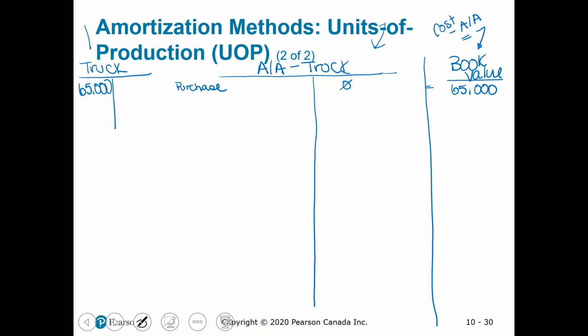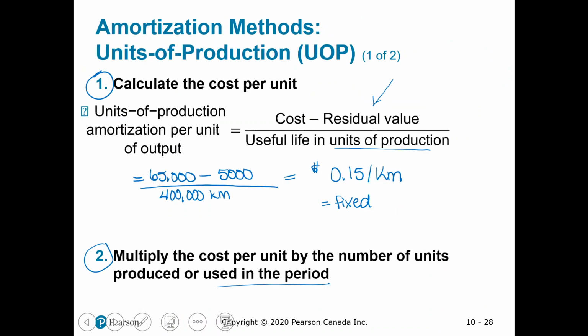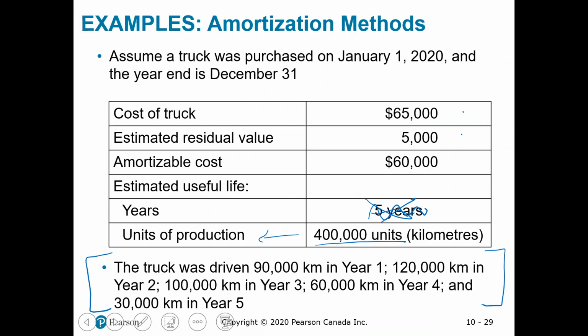Okay, so now we get to the end of December 31st, 2020, so year 1, and we need to book our amortization expense. We know we're using this 15 cents per kilometer, and in this extra information, it tells us that the truck was driven 90,000 kilometers in year 1.